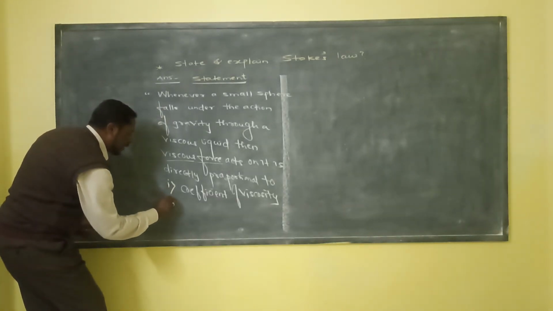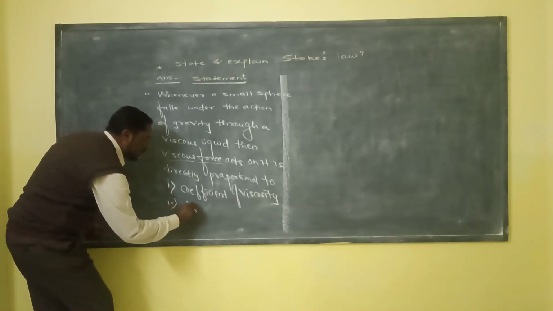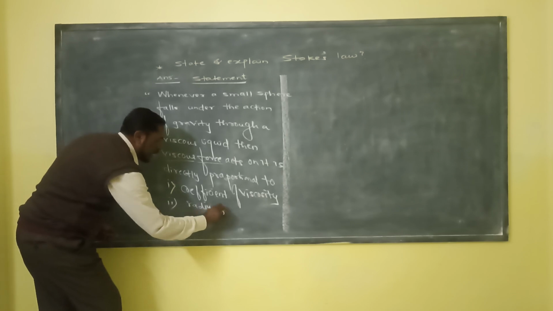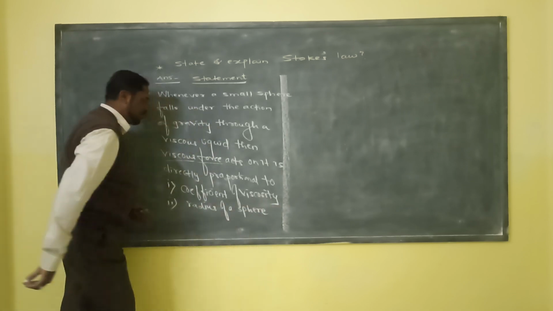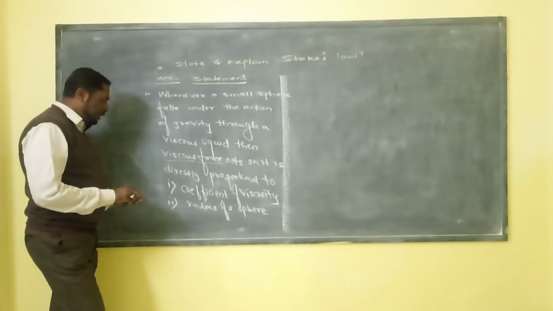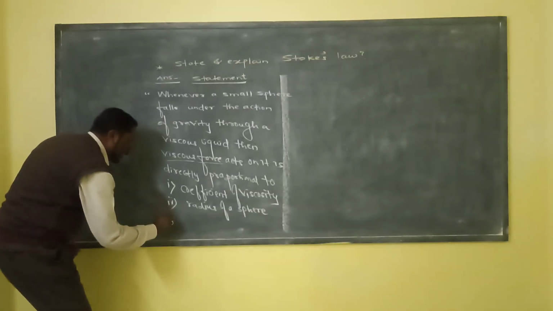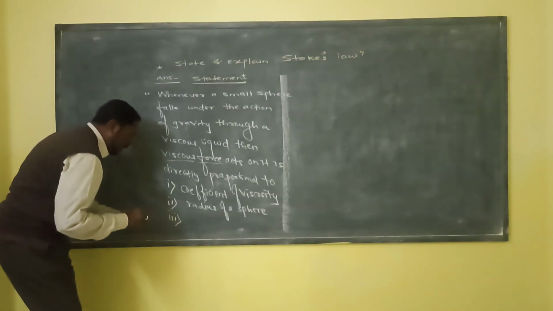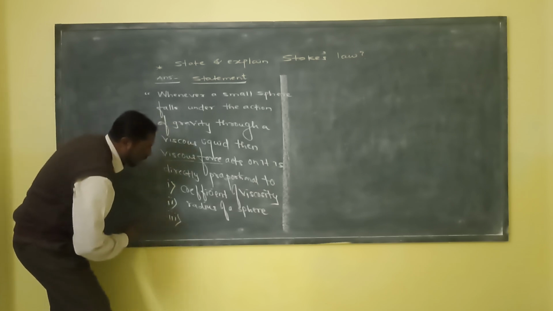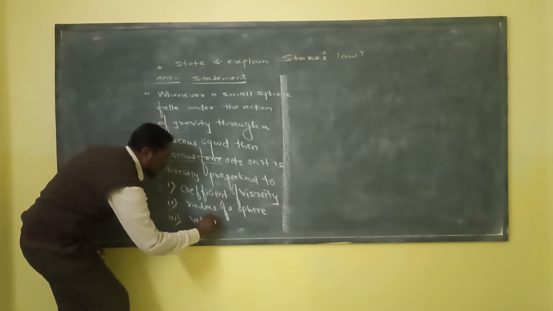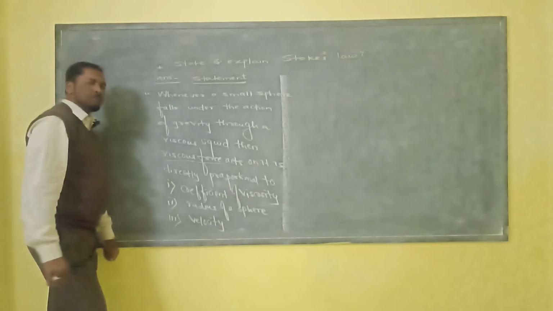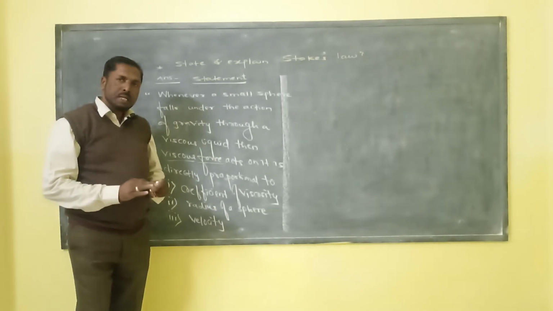Number two, it is also directly proportional to the radius of the sphere. Number three, it is also directly proportional to the velocity of the body.